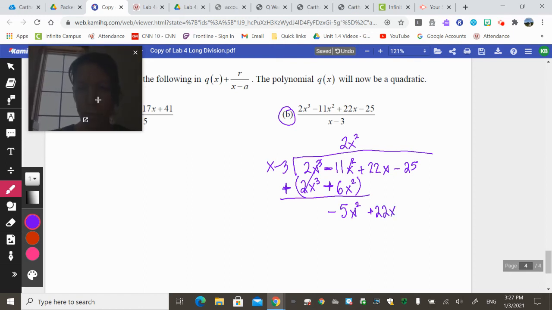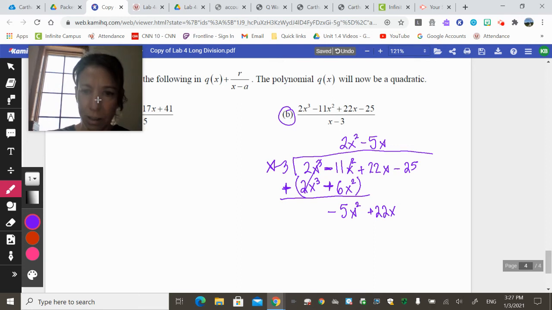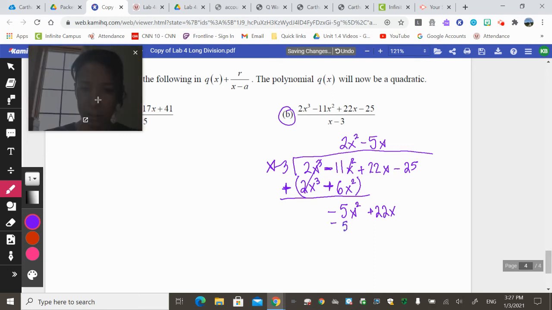Okay, then I repeat the process. I go back up to the top. And in order to multiply this x times something to get a negative 5x squared, it needs to be a negative 5x. And I distribute that negative 5x to my divisor, and I get negative 5x squared. And a negative 5x times a negative 3 is a positive 15x.